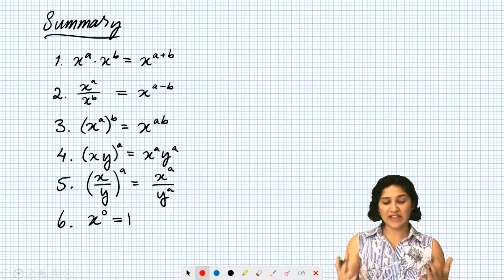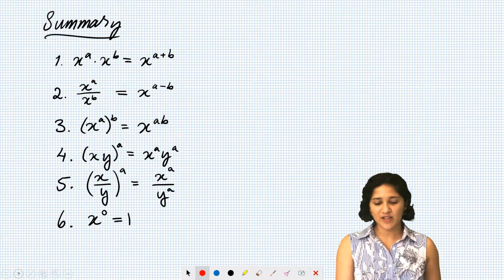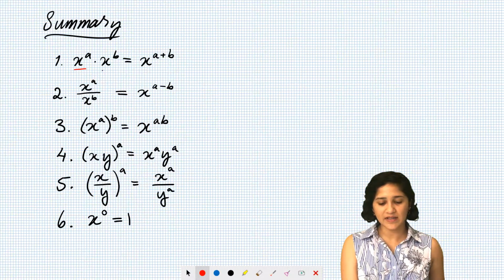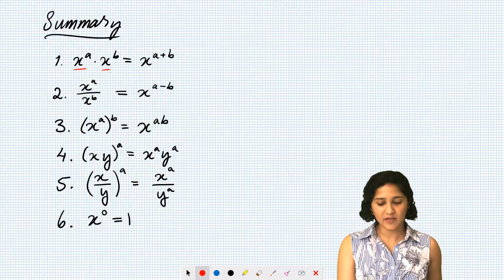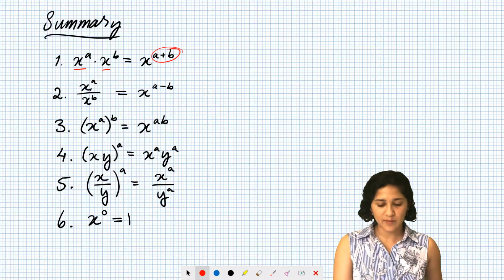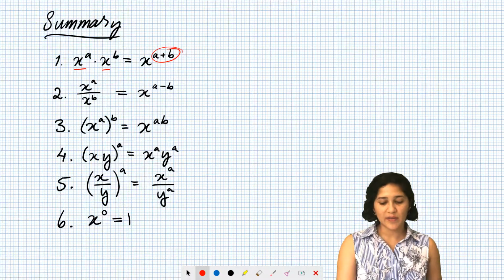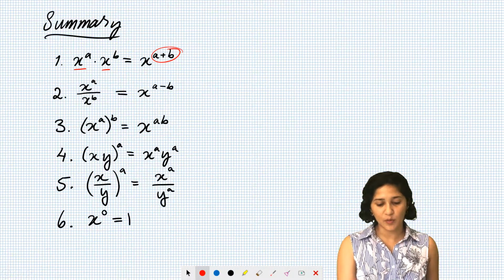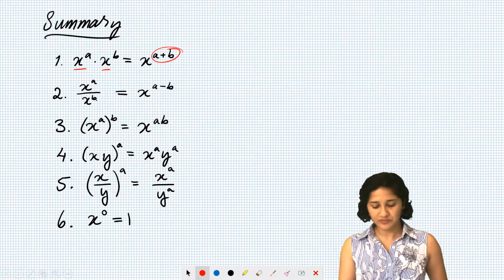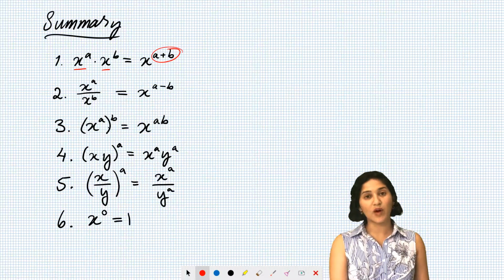So just to summarize, these are all of our index laws. So we know that when we've got the same base multiplying, then the powers add. If you've got the same base in a fraction, then the powers subtract. So the top one minus the bottom one. If you've got a power of a power, then the powers multiply.